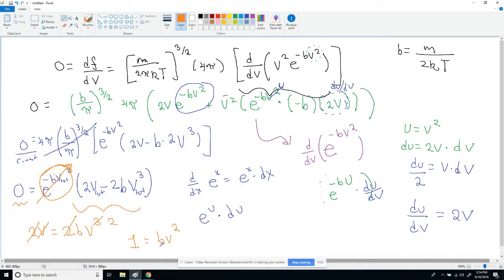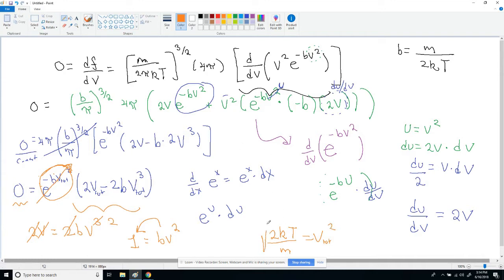Now, recalling that b is equal to m over 2kt, let's move this onto this side by division so that we have 2kt over m is equal to v squared.